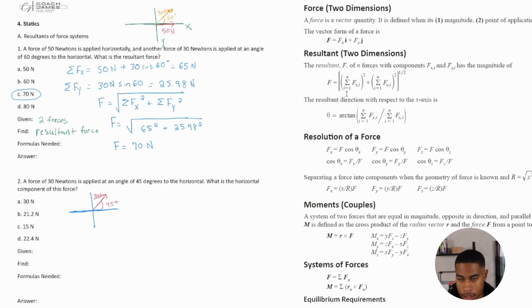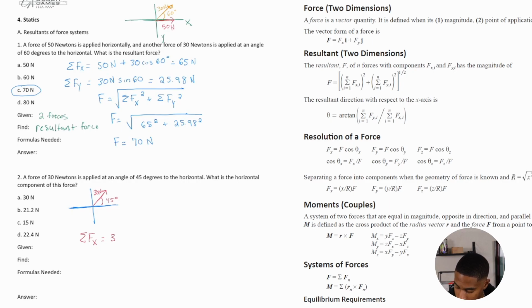We're going to use the same equation, except we don't have as many angles, right? So we're just looking for the force in the x direction. And so from this, sum of the forces in the x direction is equal to 30 newtons, right?